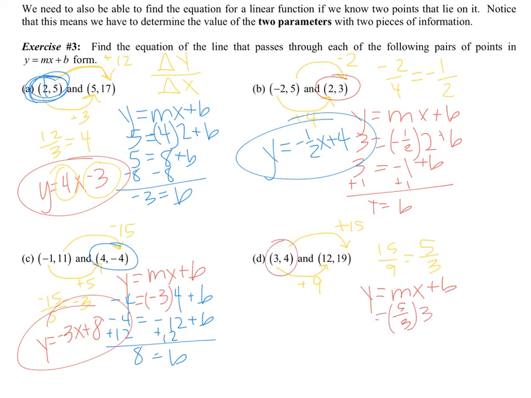We're going to put 3 in for x and 4 in for y. 5 times 3 is 15, divided by 3 is 5. Subtract 5 from both sides, and -1 equals b. So our equation is y equals 5/3 x minus 1.